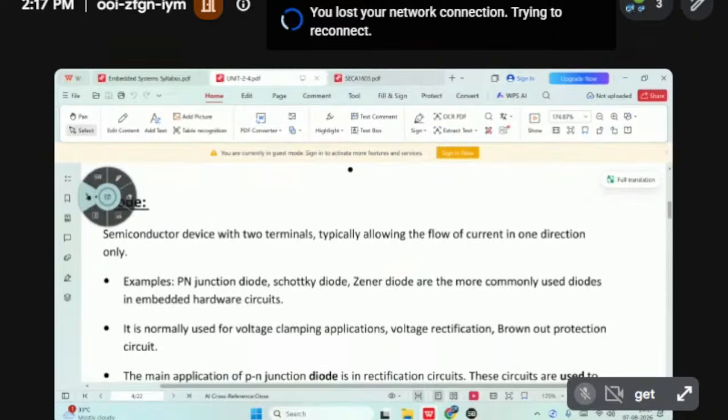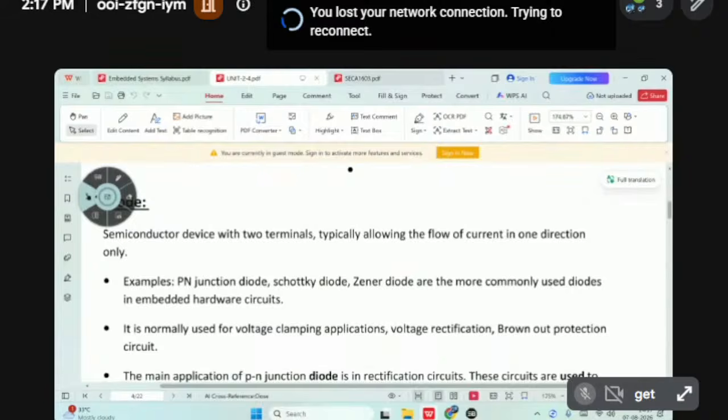A semiconductor device with two terminals typically allows the flow of current in one direction. An example may be a PN junction diode, or it may be a GNR diode. We can use this type of devices in our embedded circuits, a GNR diode as well as a PN junction diode.